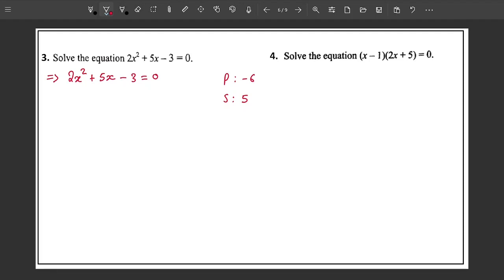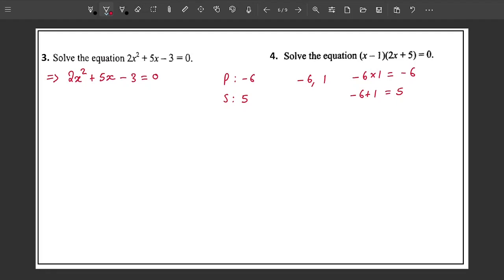What are those numbers? For me, I know them automatically because I've been solving these for a while, but for you, usually it is a problem. The two numbers are -6 and 1. For instance, -6 times 1 gives us -6, and -6 plus 1 gives us 5. So these are the two numbers. Is there a way of finding them? No, there's no method. It's just trying out, and as you continue, you get quicker at finding them. So we have found these two numbers.